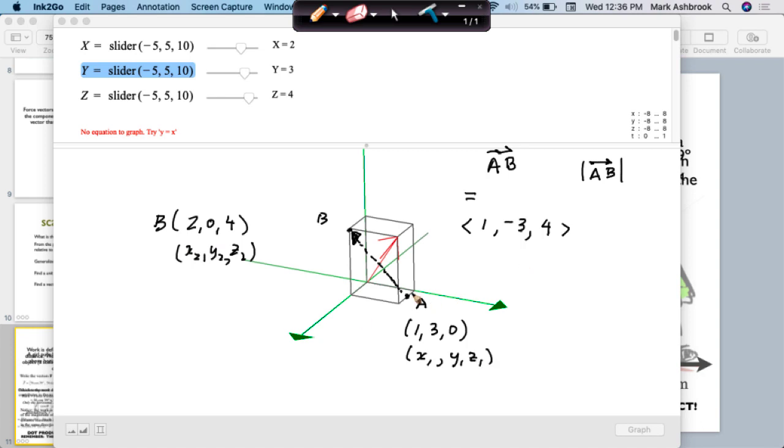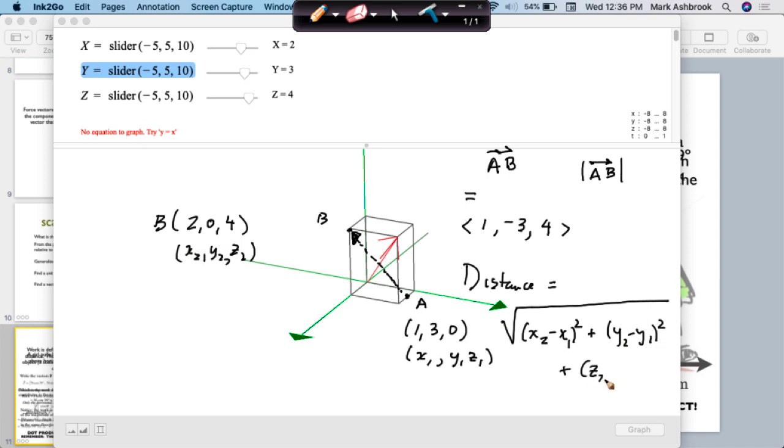If you're thinking about the magnitude of AB, then that distance equals square root of what? x2 minus x1 squared, because that would be the x component of that vector from A to B, plus y2 minus y1 squared plus z2 minus z1 squared.